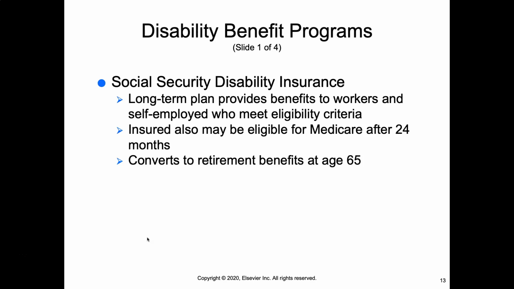Social Security Disability Insurance, or SSDI, is a long-term plan. It provides benefits to workers and self-employed who meet eligibility criteria. This is federal. The insured may also be eligible for Medicare after 24 months, and it converts to retirement benefits at age 65. Because remember, this is not medical insurance, it's money to live on, so to speak.